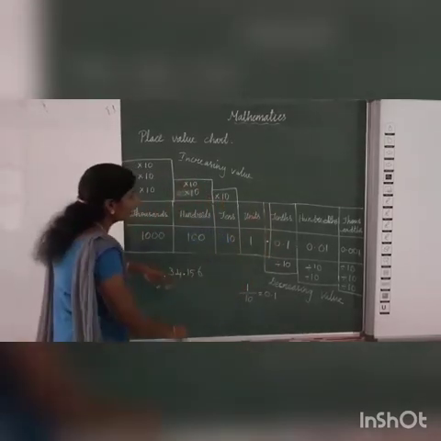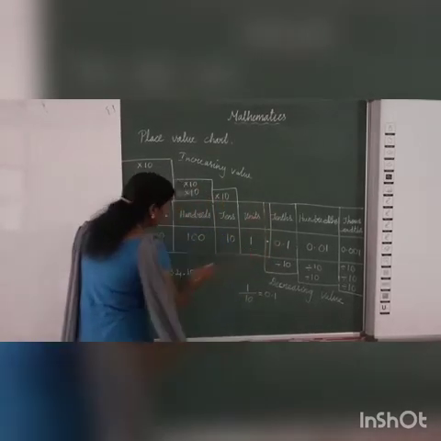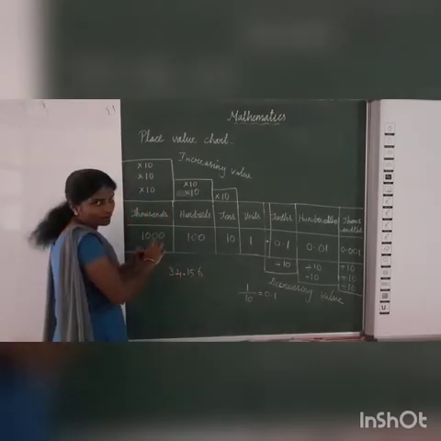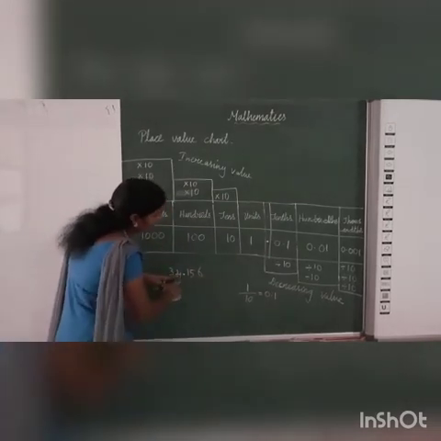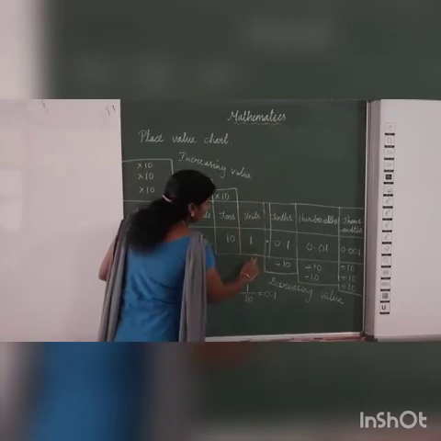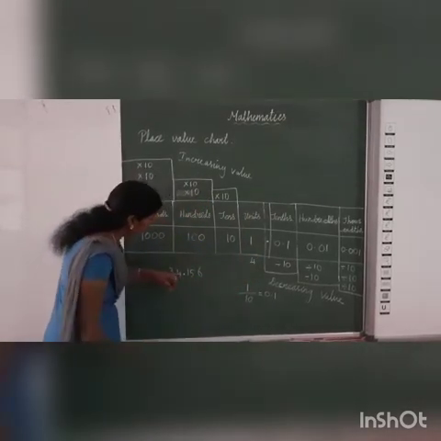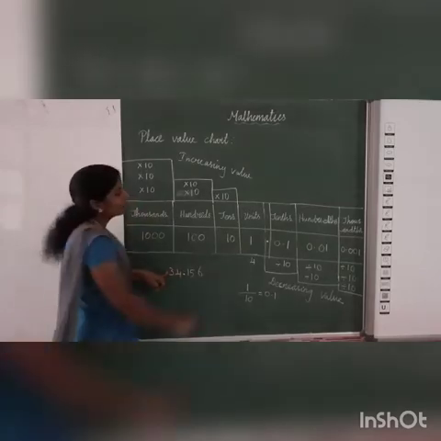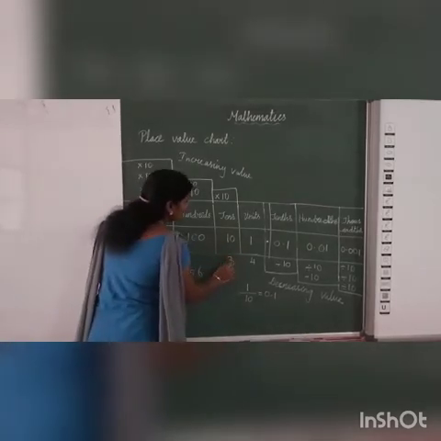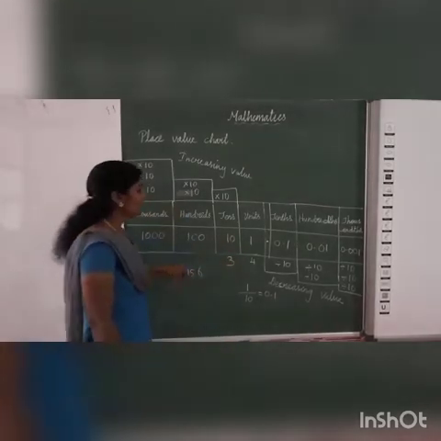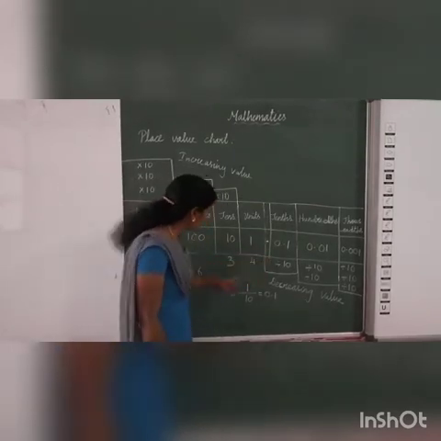Now listen. Before the point we have the integral part. In the integral part, ones place is 4. That is the unit place. Ones place is 4. Then tens. Ones, tens, isn't it? So in the tens place we have 3. Isn't it? 34.